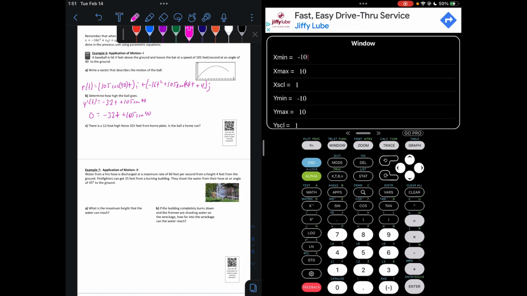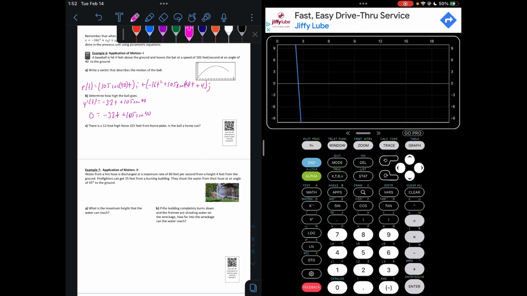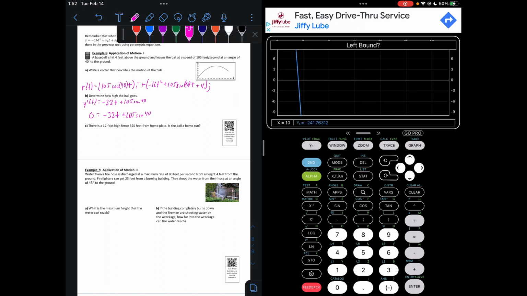Okay, I'm going to go 0 to, let's go 20. And we'll see with that. Okay, so we got our answer there, it looks like. Second, calculate 0. Bear with me as I scroll over.